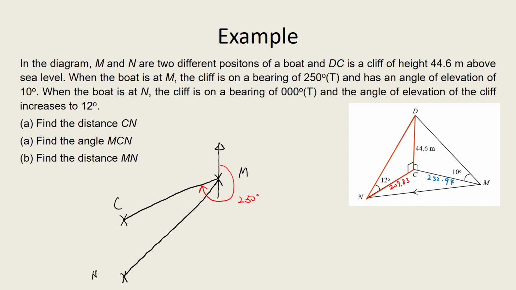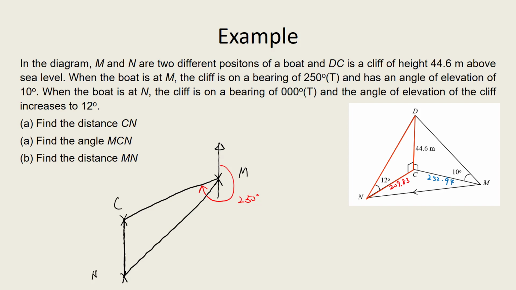That means this point C is directly above point N. So let me connect CN, and notice that this line CN is parallel with the north direction at point M.